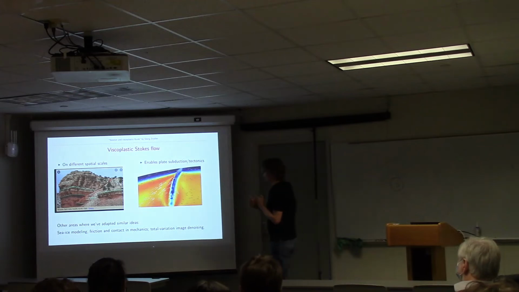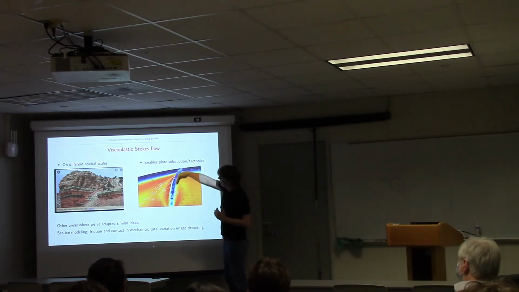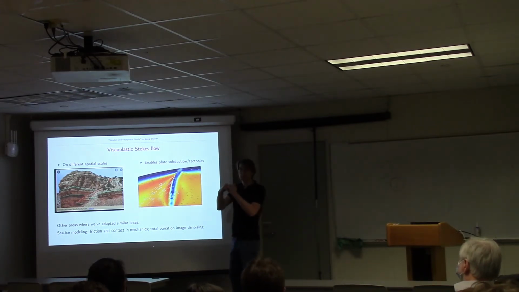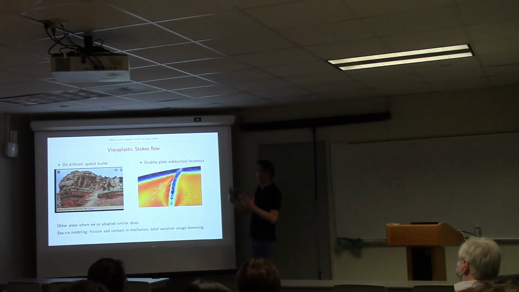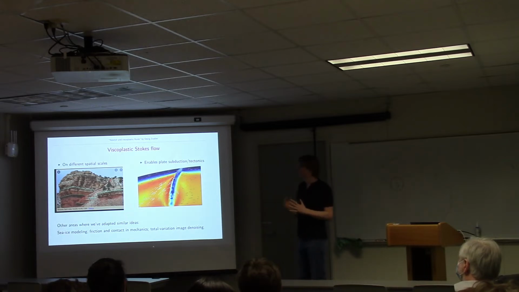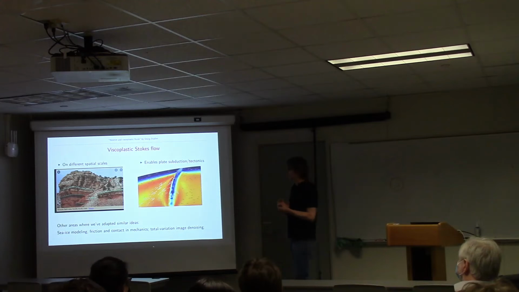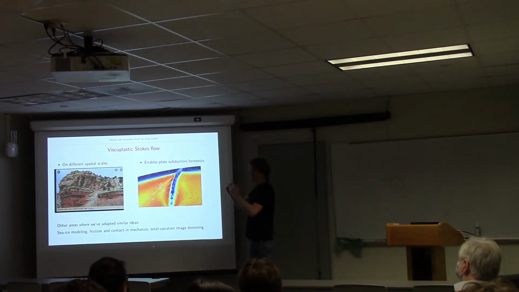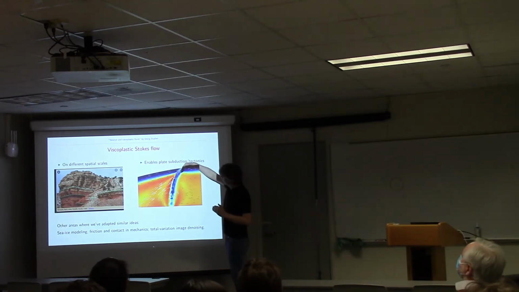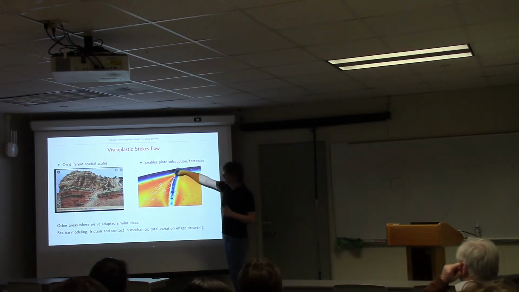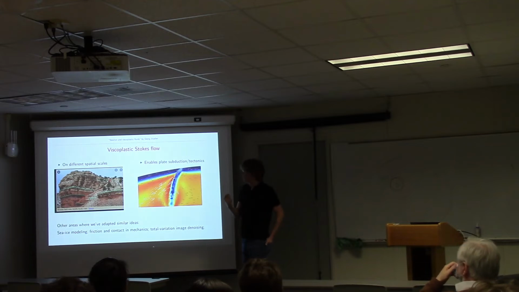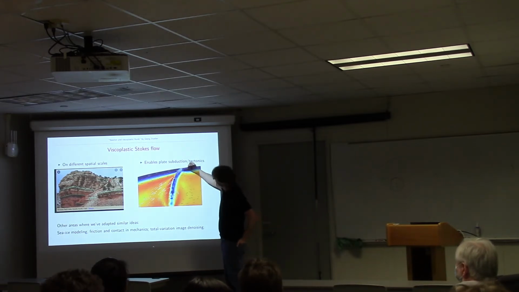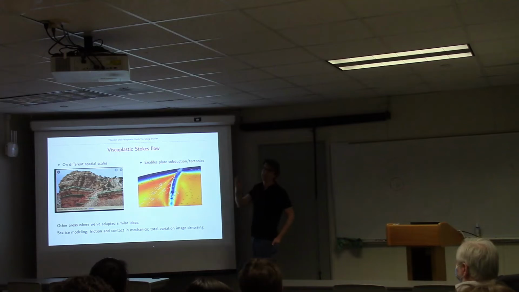And what happens when one plate is being subducted under another one is only possible because of the way plates, which are rock, over long time scales, you can look at as a viscous fluid. The reason why it's even possible that it bends here and subducts underneath another plate is because of that nonlinearity I'm going to show you, which allows the plate to bend because of this plastic behavior.